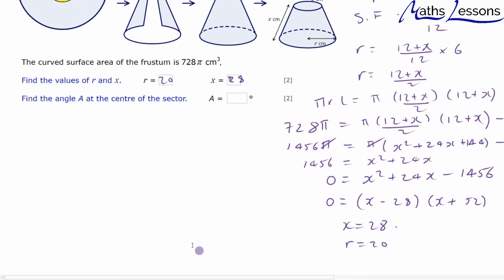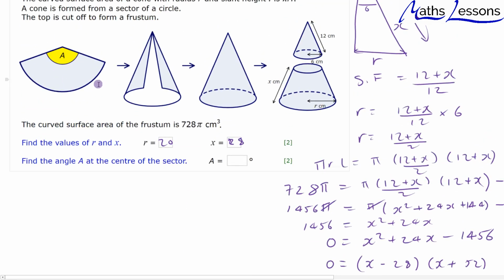Right, let's just go back, and we want to find the angle A at the centre of the sector. So for the centre of the sector, I've got theta over 360 must equal, times by this area here, which is going to be equal to the area of the whole of this thing here.